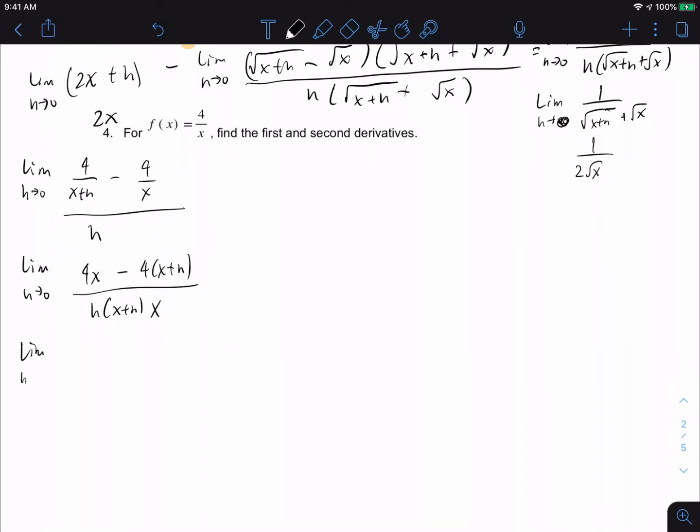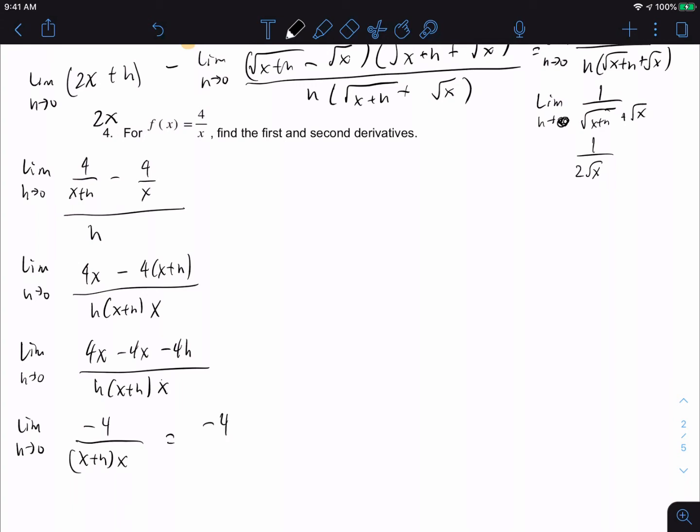So the limit as h goes to 0 of 4x minus 4x minus 4h, all over h times x plus h times x, will be the limit as h goes to 0 of negative 4 over x plus h times x, which is going to be negative 4 over x squared. Does that make sense, or did I do that too fast?